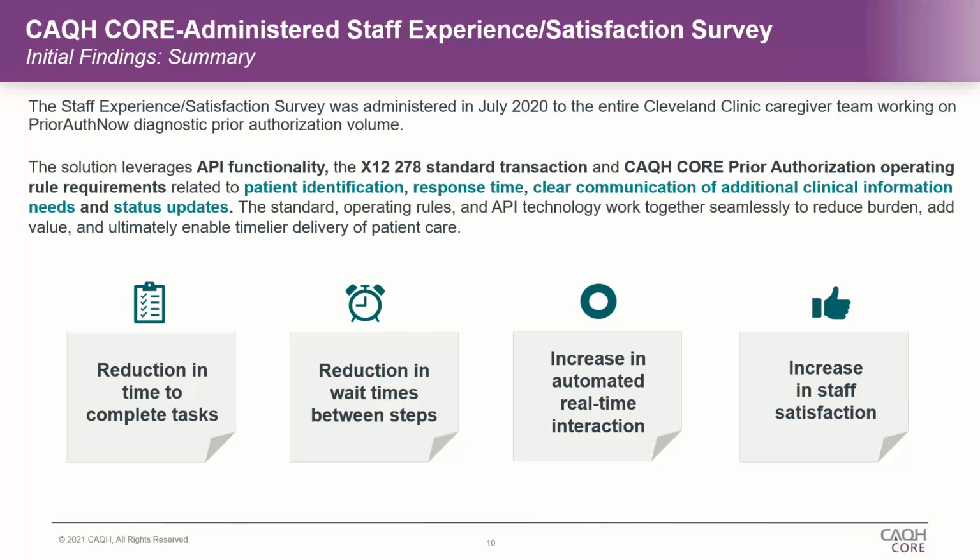Again, there's an increase in automated real-time interaction. That real-time interaction with API technology is functionally equivalent to moving the needle really, really fast and making things better. And again, also an increase in staff satisfaction. Working through an automated solution versus printing off cover sheets and going to the fax machine really helps expedite the process for prior authorization.